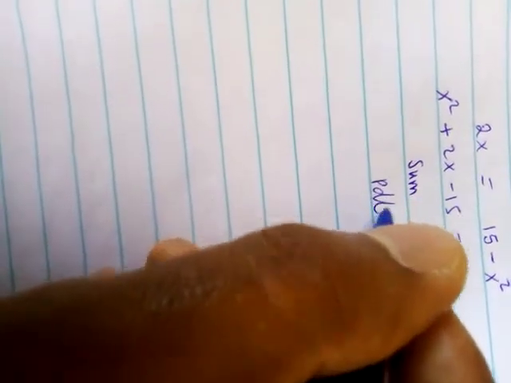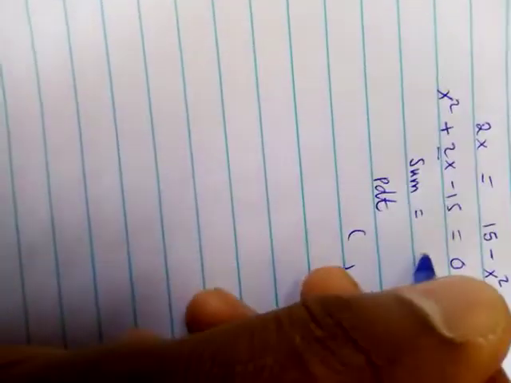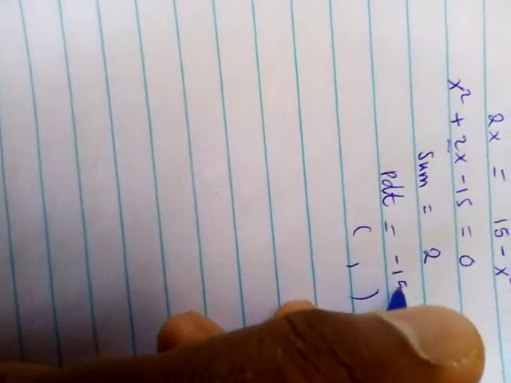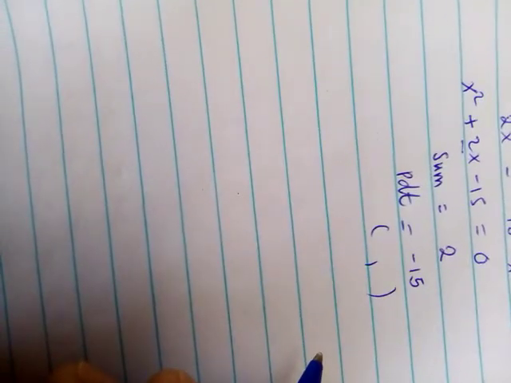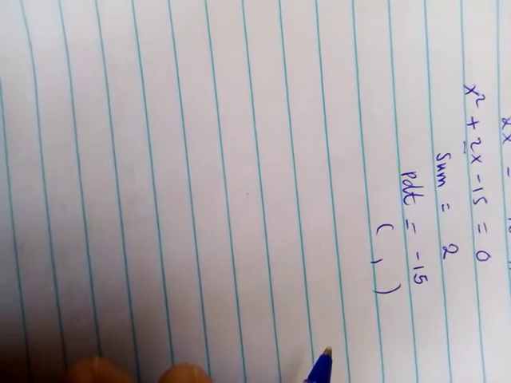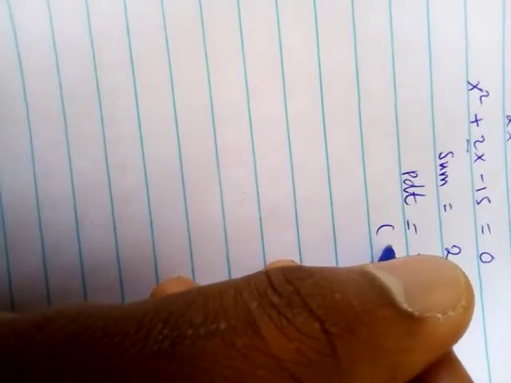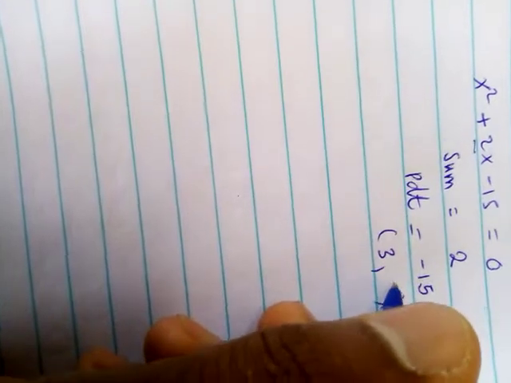So factorization says give me the sum, give me the product, and then give me the factors. So what is my sum? The sum is this guy, which is a 2. The product is 1 times negative 15, which is negative 15. Two numbers which when we multiply we get negative 15, add, get 2. That is most likely a 3 and a 5.